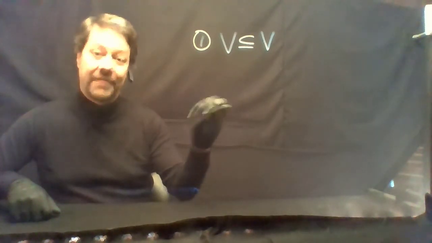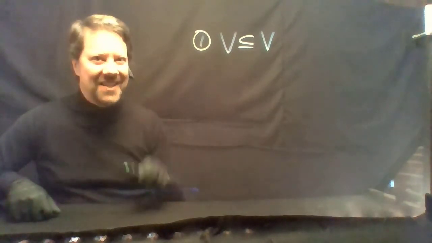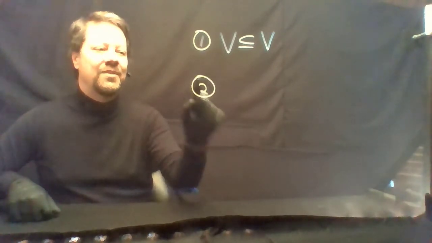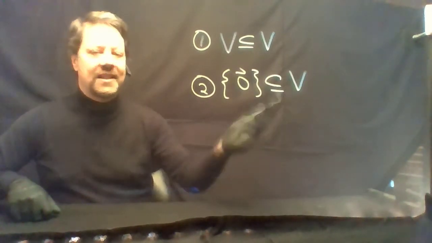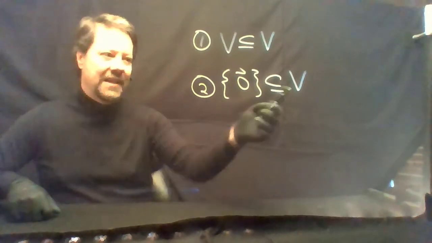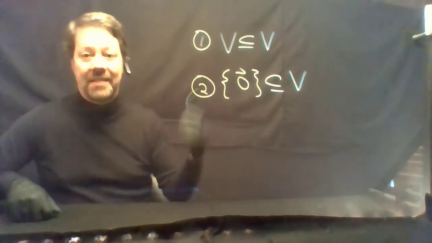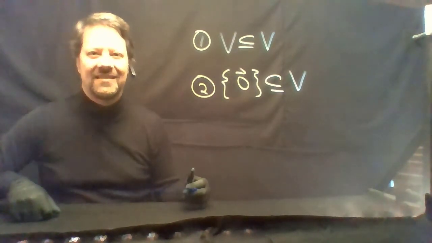That means the vector space itself is a subspace of itself. We didn't say anything about the subset being a proper subset. Second, the set that contains the 0 vector is a subspace of the original space V. We kind of think of this as a trivial example. Both of these are trivial examples in their own way.